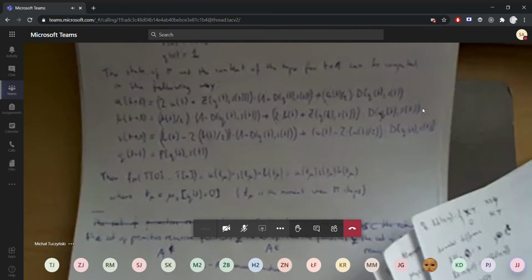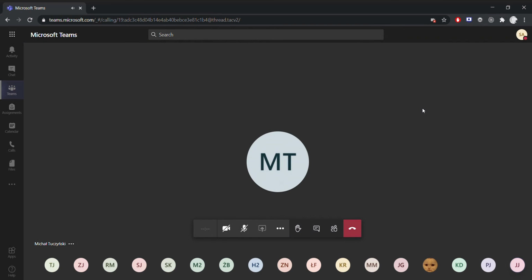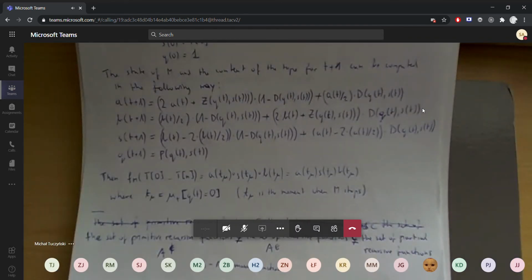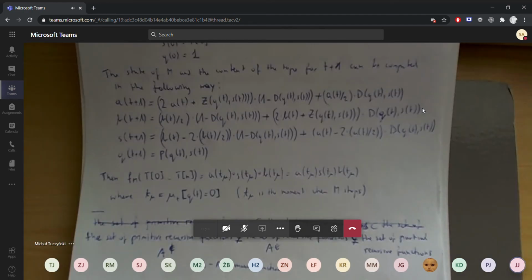Okay, so maybe I will just make a comment that for the points after the 12th one, so for 13 and so on, we will not use these formal definitions using this G and H, but just use the previous functions.